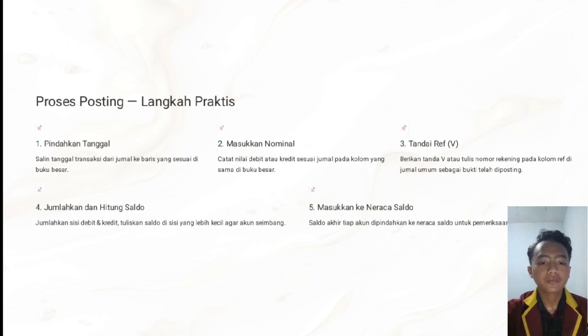And third, mark the reference column with a check mark or account number to show that the entry has been posted. Fourth, total both debit and credit sides, then write the balance on the smaller side to keep the account balanced. And finally, transfer each ending balance to the trial balance for final review.